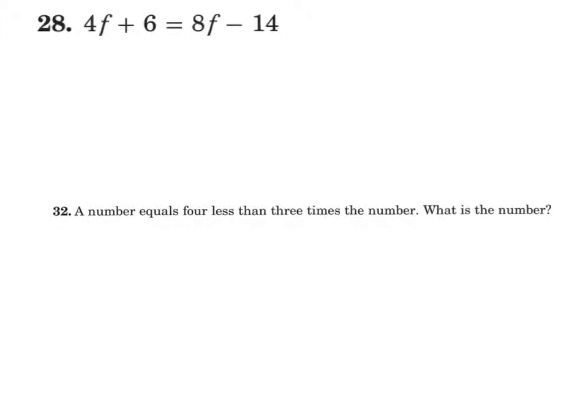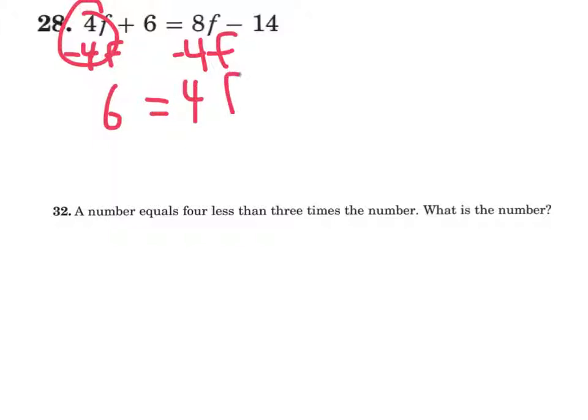I want to get all the f's onto one side, so I could subtract 8f from both sides, but I think I want to have a positive f, so I'm going to subtract 4f from both sides. That's a 0, so I get 6 equals 4f minus 14. Now it's just a two-step equation. Add 14, add 14.